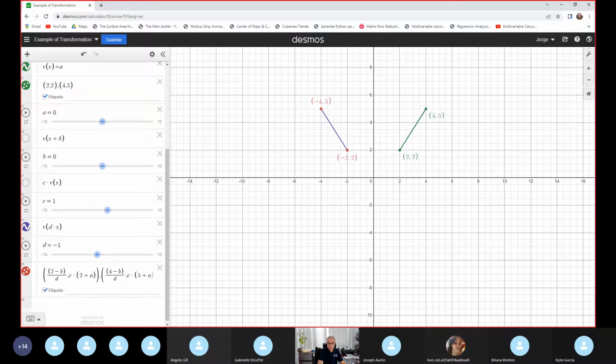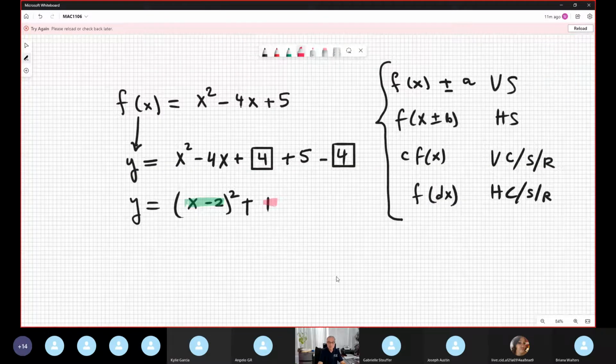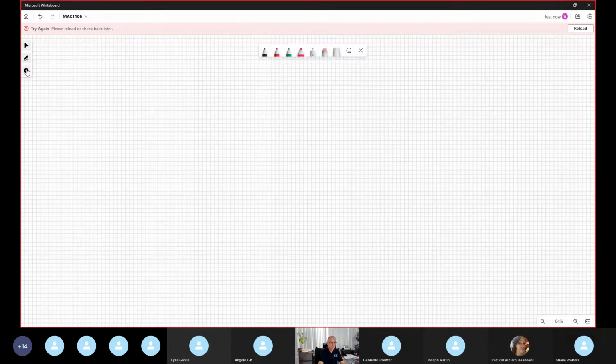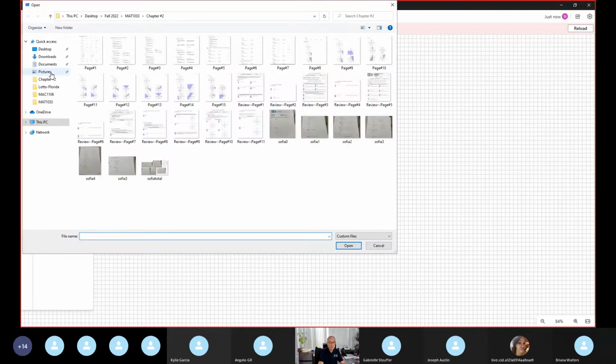I bring two weird examples, very similar to the example that you can see in Alex. Do you see the whiteboard? Yes. Okay, cool. Let me try here.